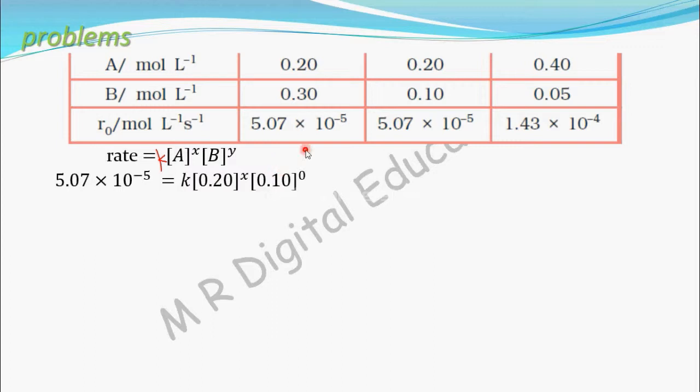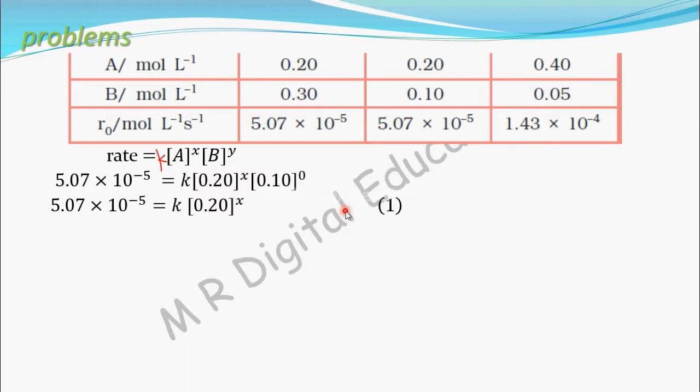Now this term will become equal to 1. So only remaining is 5.07 into 10 to the power minus 5 equal to k into 0.20 to the power x. This is 1 because any number to the power 0 equals 1. Call this equation 1.